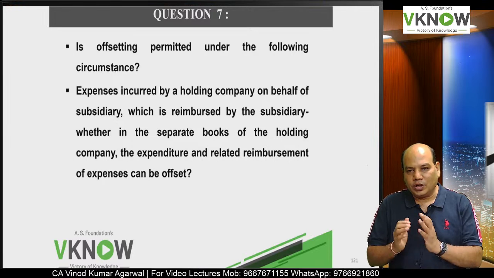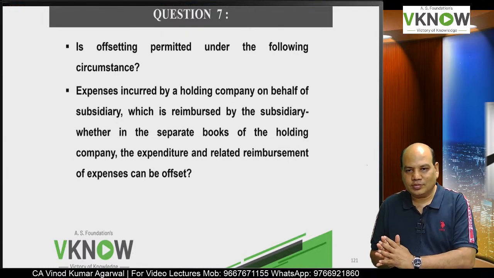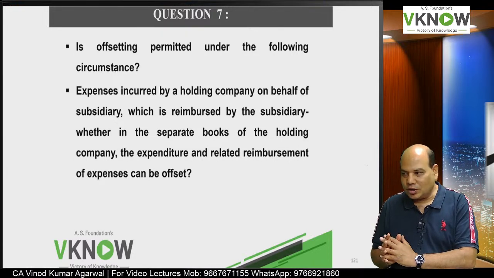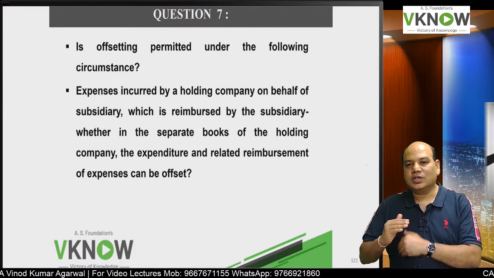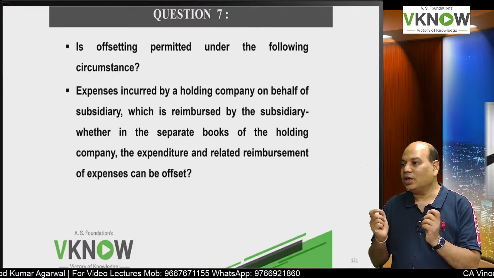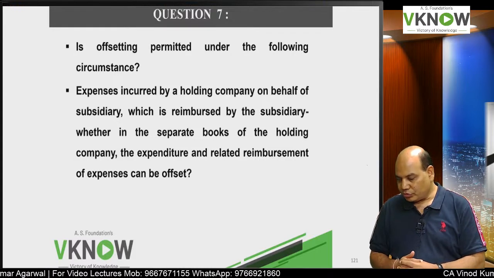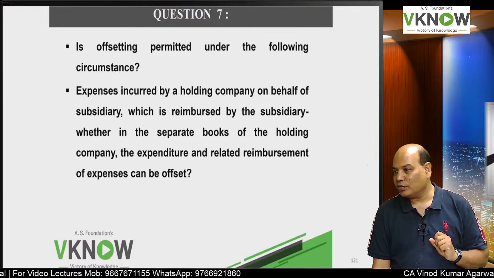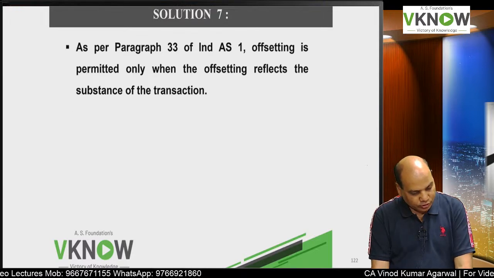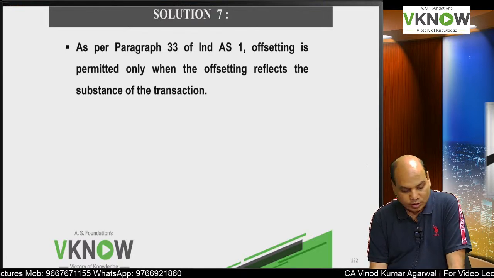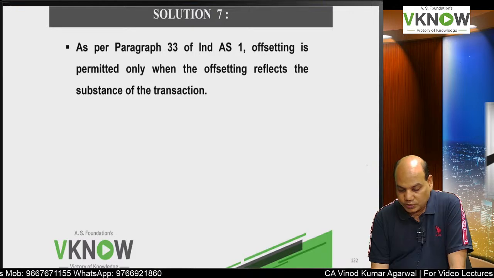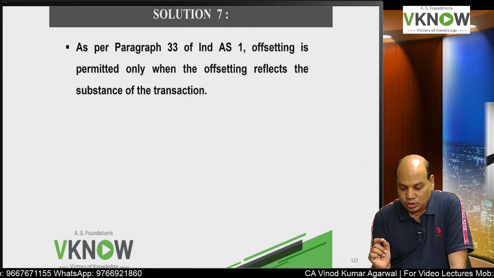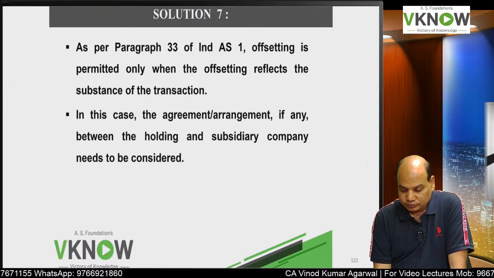So if it is the expense of the subsidiary, which you are first incurring and then they are reimbursing, then in substance it is one. So only the net amount will be presented. So one has to look at the contract between the two and the substance of the transaction, and then accordingly one can take a decision. So the answer is, as per para 33 of Ind AS 1, offsetting is permitted only when the offsetting reflects the substance of the transaction.